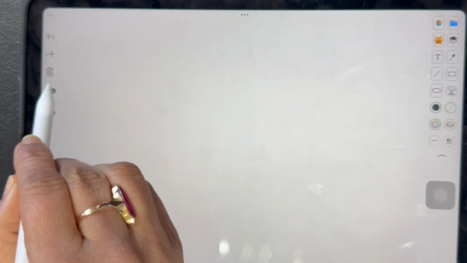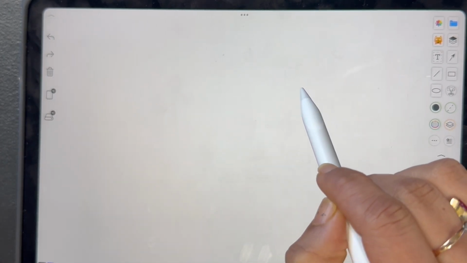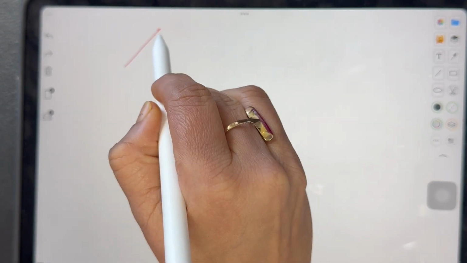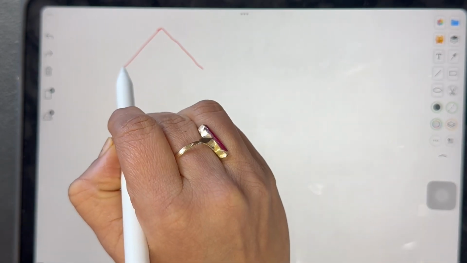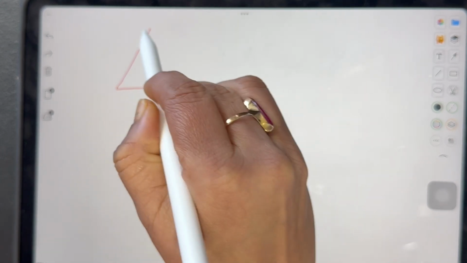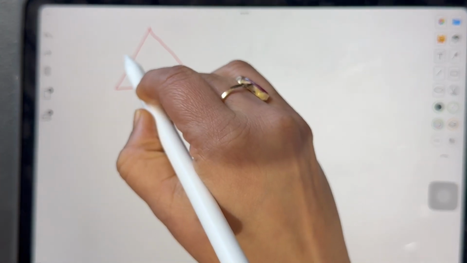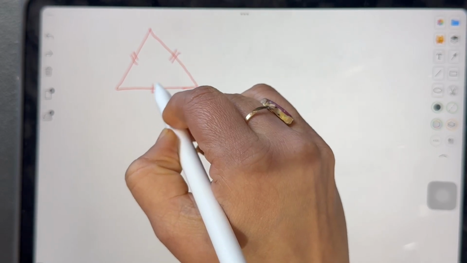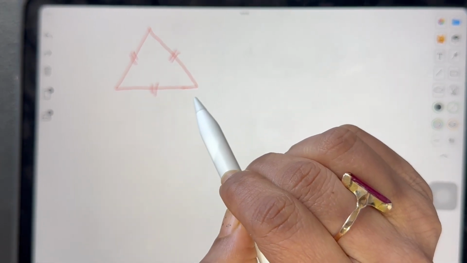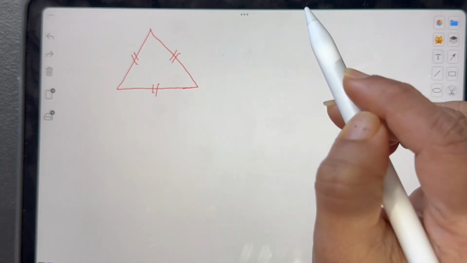Now if the polygon happens to be a regular polygon, what do we mean by regular polygon? All sides and all angles are congruent. When all sides and all angles are congruent, such polygons are called regular polygons. If I say a regular triangle, that means we are talking about an equilateral triangle.